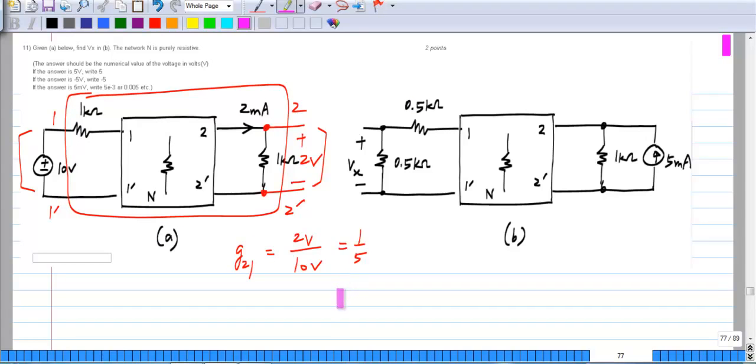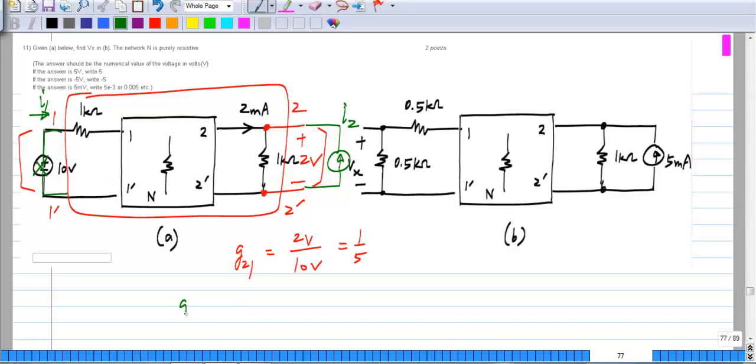Okay. So now what happens is that, let's say I remove this, I replace this with a short circuit and I apply a current source here and call this I2 and call this I1.